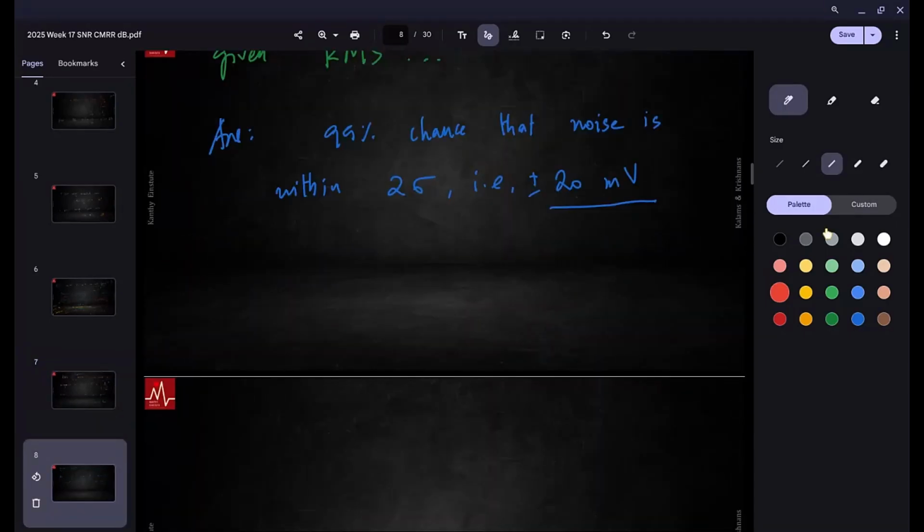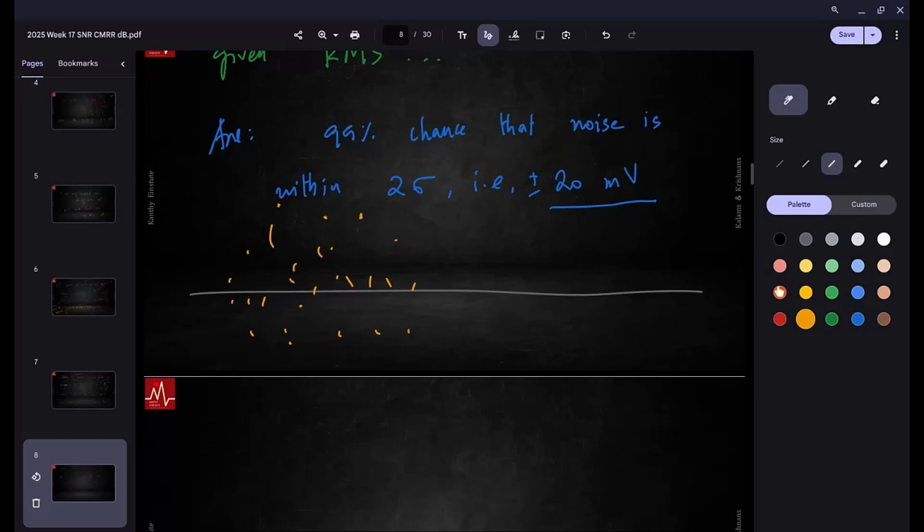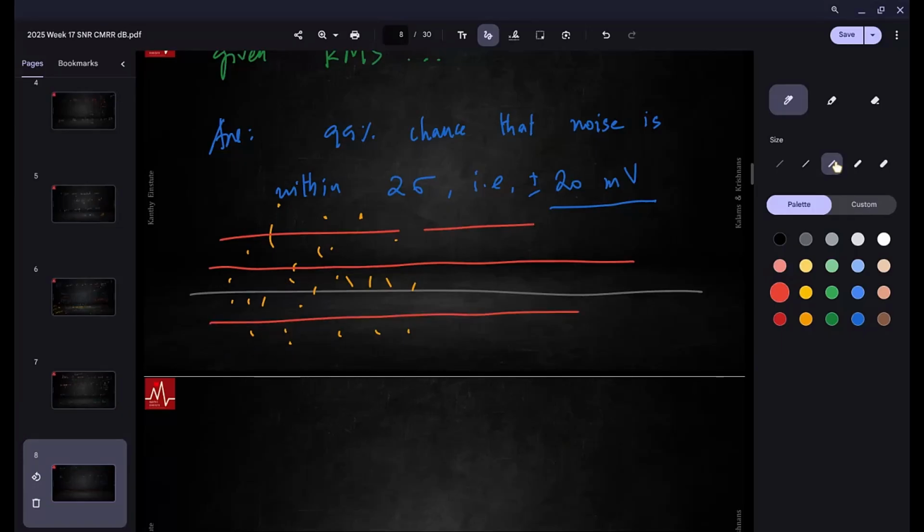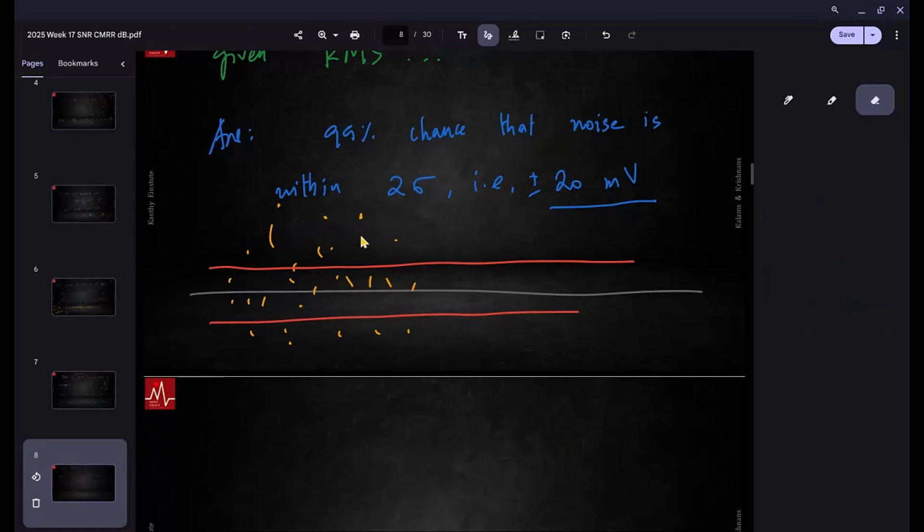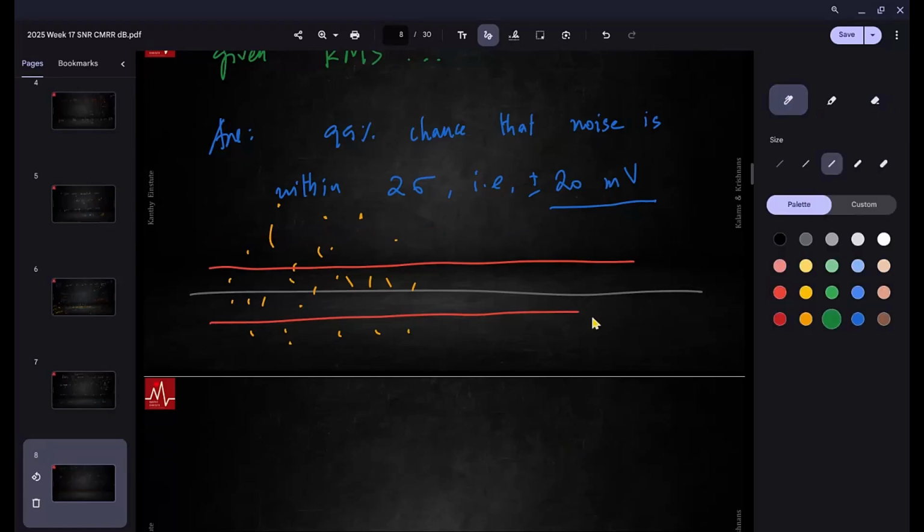The noise will be like this, okay? One data point. 10 millivolt is here, your 20 millivolt is here, 5% it can actually go above that. Noise is oscillating on either side. Okay, so that's your 1 sigma amplitude.